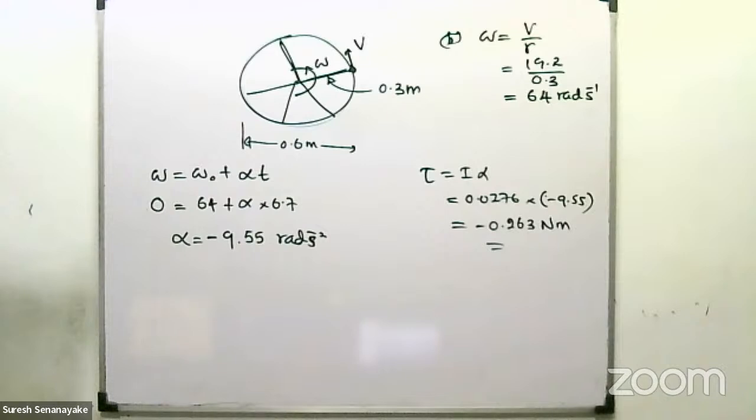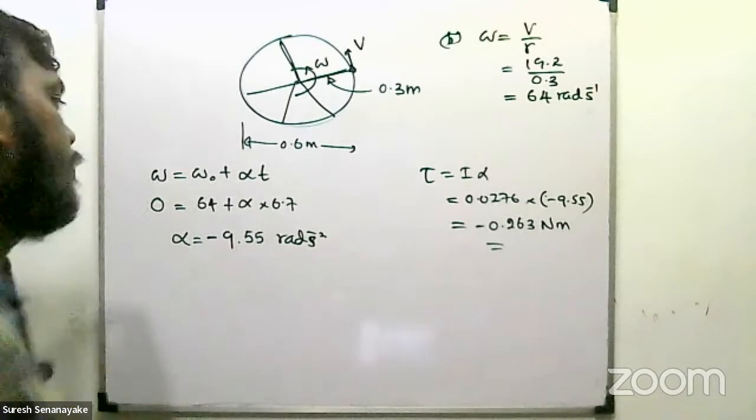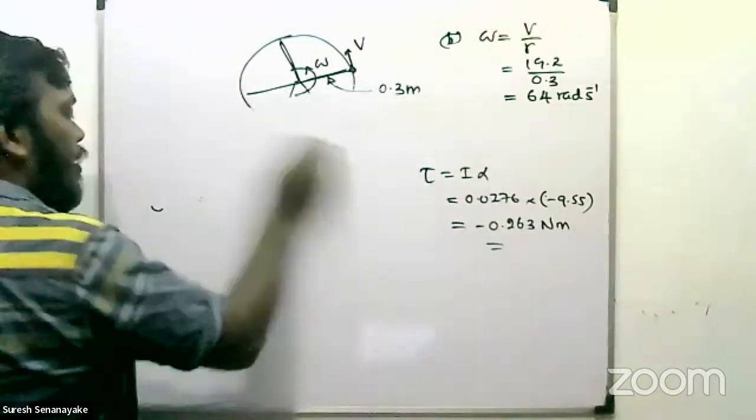The total length is 29.8. Halfway means half of that, so let's erase this.